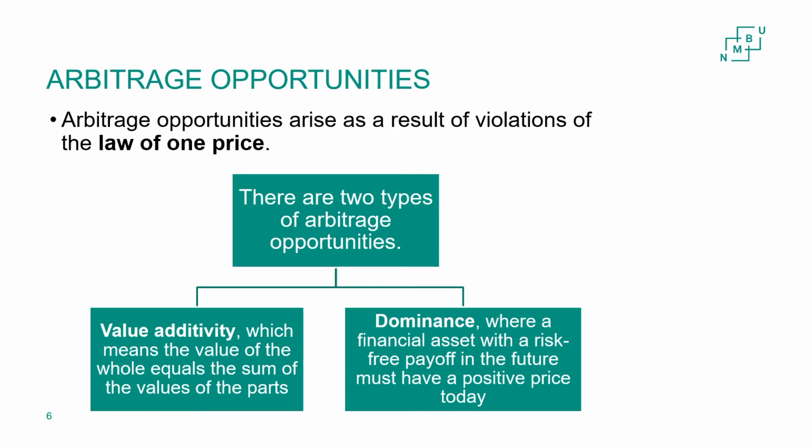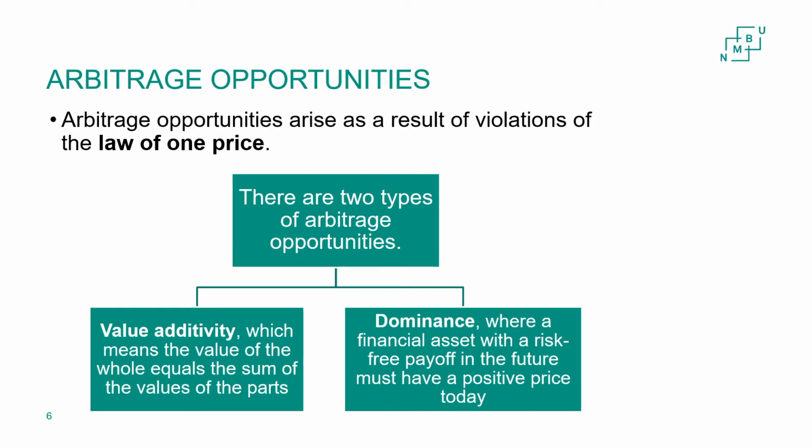The other kind of arbitrage opportunity is dominance. Here, if you can make an asset by combining other assets, so that you have no cash outlay today, and you have a positive cash flow with certainty in the future, then you have an arbitrage opportunity.